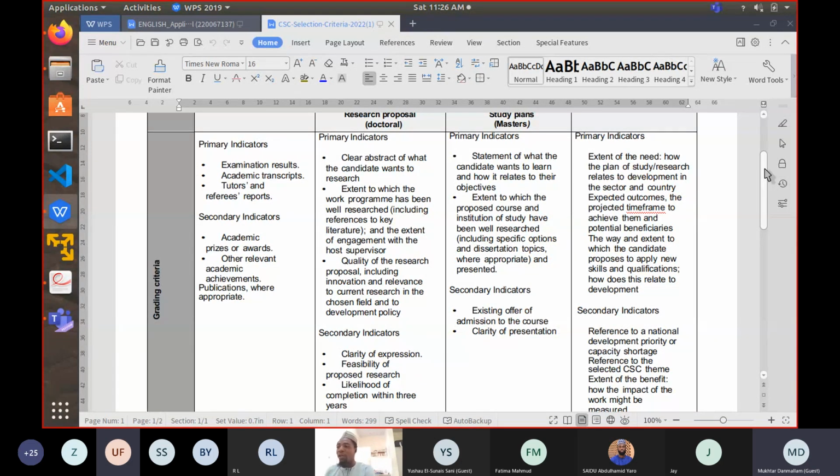The same thing with your research and PhD, or your personal statement. They are all looking at how well it is related to development, to the theme that you study, and how well it is going to have a developmental impact on your community, your country, or down to your own community.